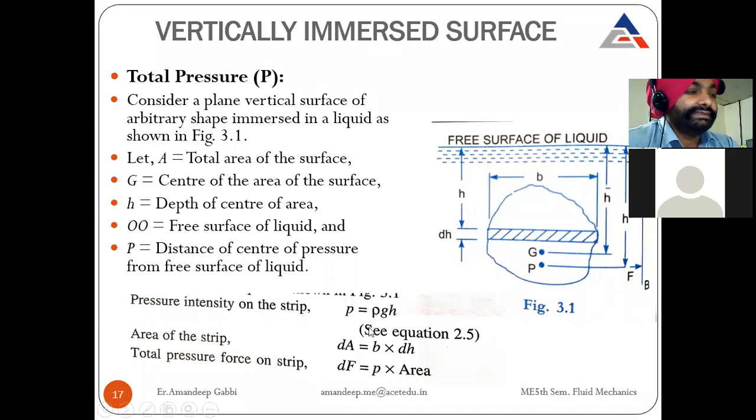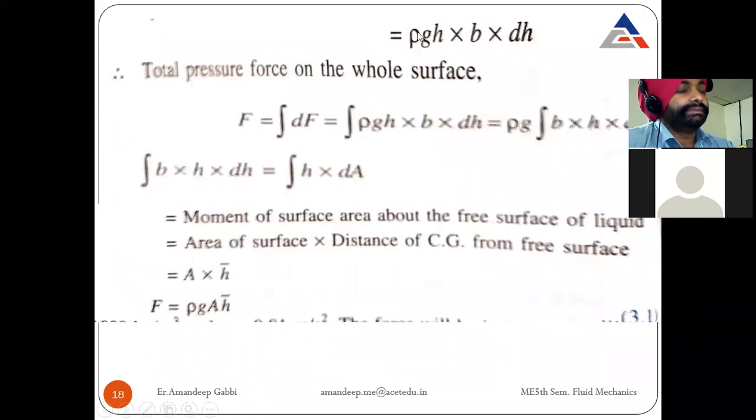P is equal to rho g h, and the area of the strip dA is the width into the thickness, B into dh. Now dF, the small change in force, is equal to pressure into small area. The pressure is rho g h, that we have calculated for hydrostatic pressure, into B into dh, which is the area.